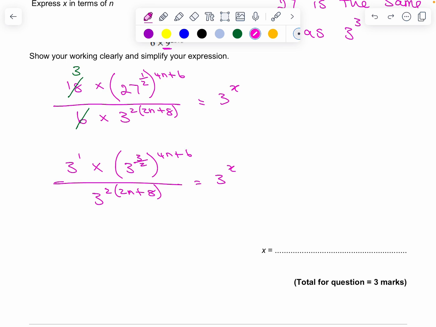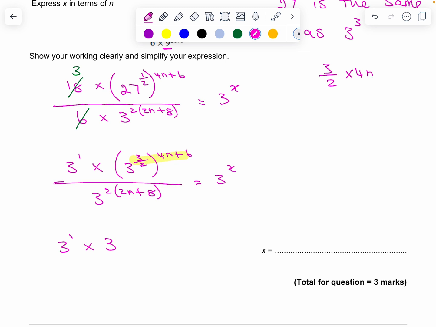So we're just going to multiply these two. So you've got 3 to the power of 1 times 3 to the power of 3 over 2 times 4n.